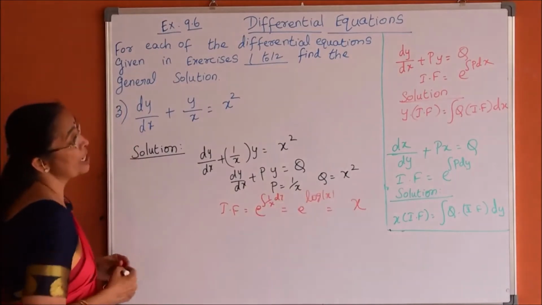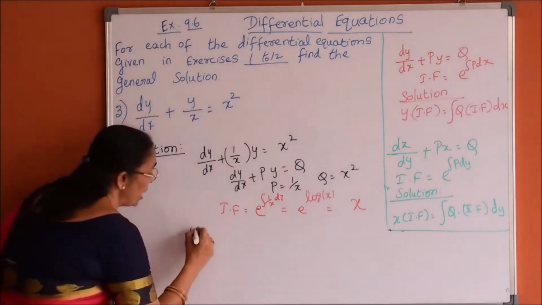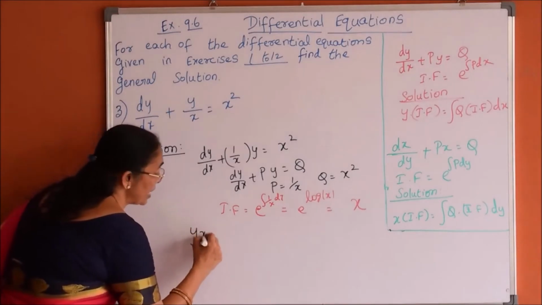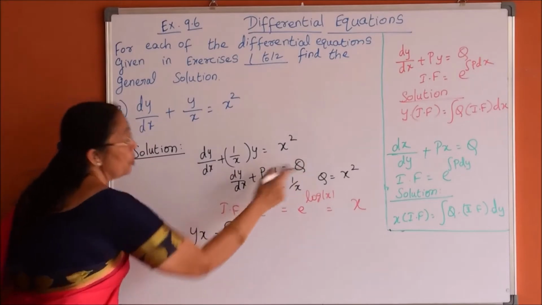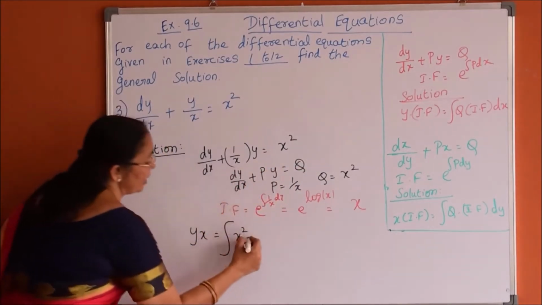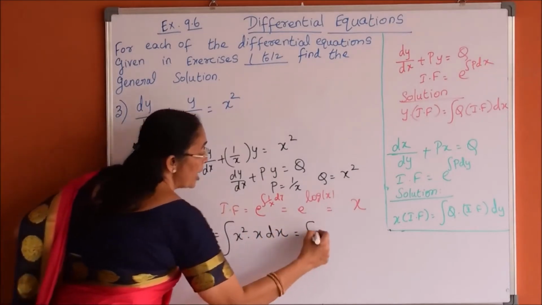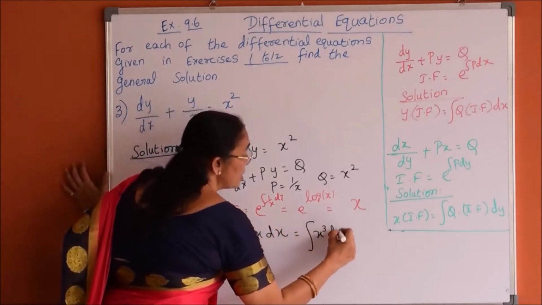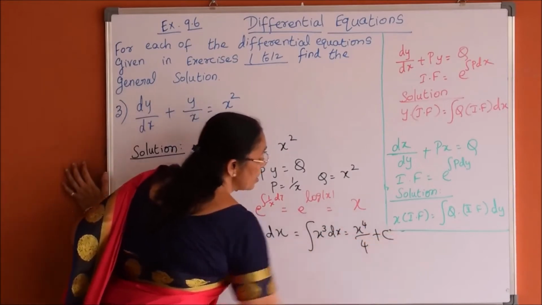Now the solution is nothing but y into integrating factor, y into x is equal to integration of q function, q is x square into integrating factor x dx, that is integration of x cube dx, which is equal to x power 4 by 4 plus c.